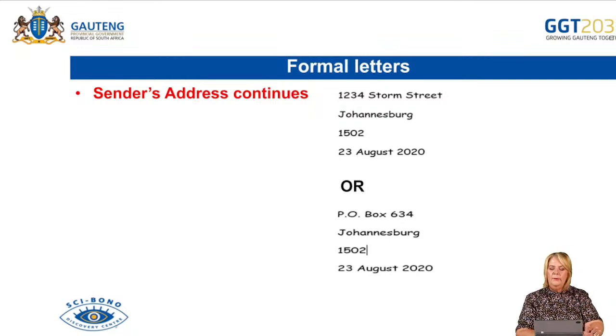It should either be a residential address, and that is when your post is delivered at your house. You can't live in a post box. Or you can use a post box address, and that would be if you fetch your mail from a post office.